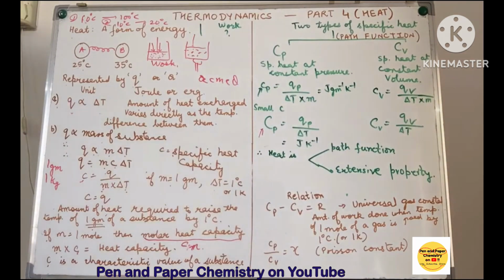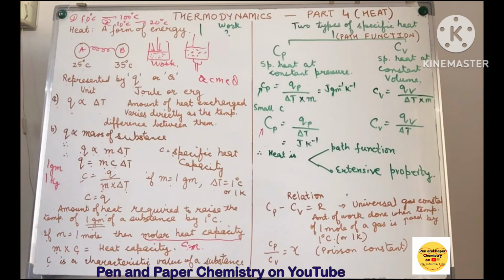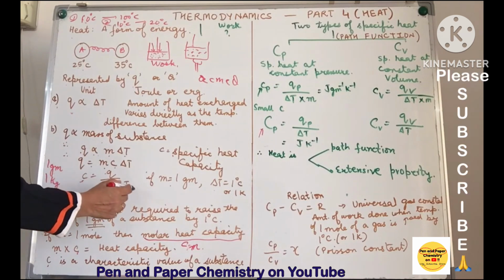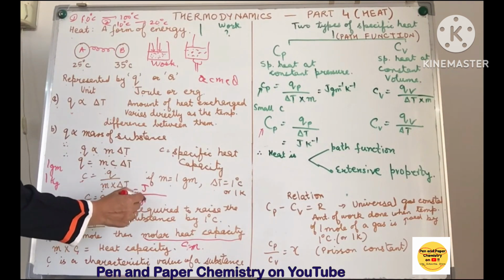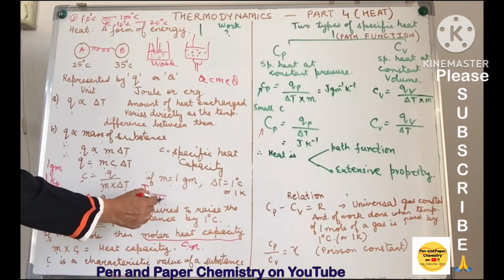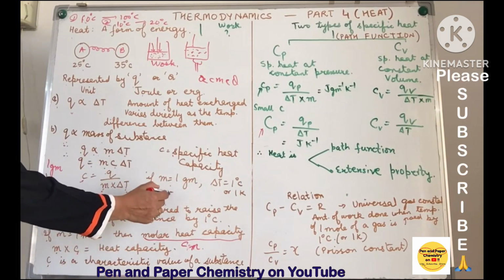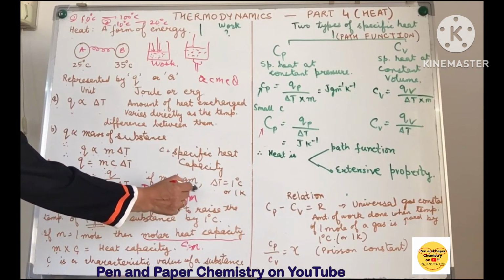Let us now see the units for each of them. Q, as we know, is represented by joule. Mass, when I am talking about specific heat capacity, is in gram, and temperature either degree Celsius or Kelvin, whatever you may like, or whatever is the requirement of the question, because we are talking about change over here.